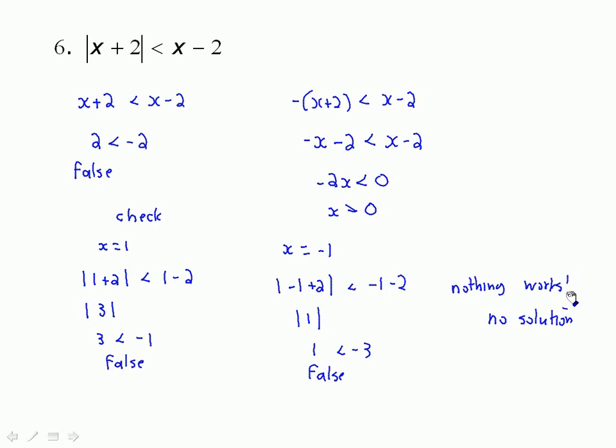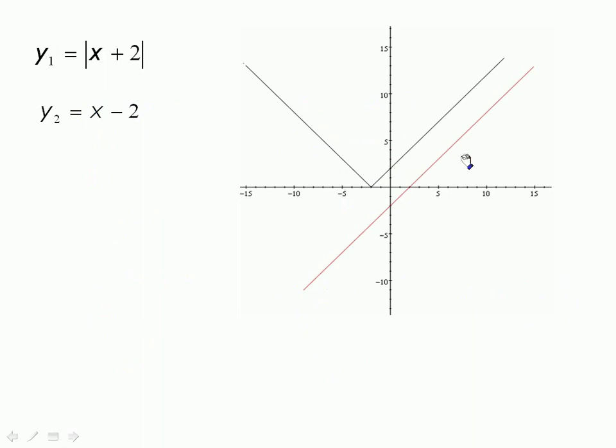And graphically, we can see it. So you graph y1 is equal to the absolute value of x plus 2, and then y2 is equal to x minus 2. Get these two graphs. And here's your y1, here's your y2, and by inspection, y1 is always above y2 for the same x values.